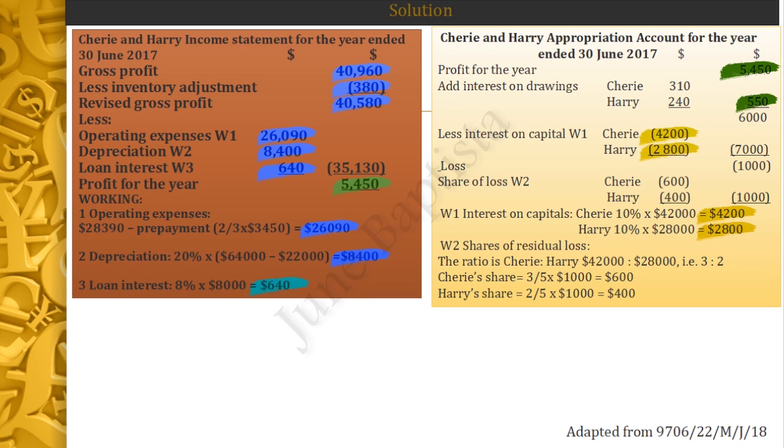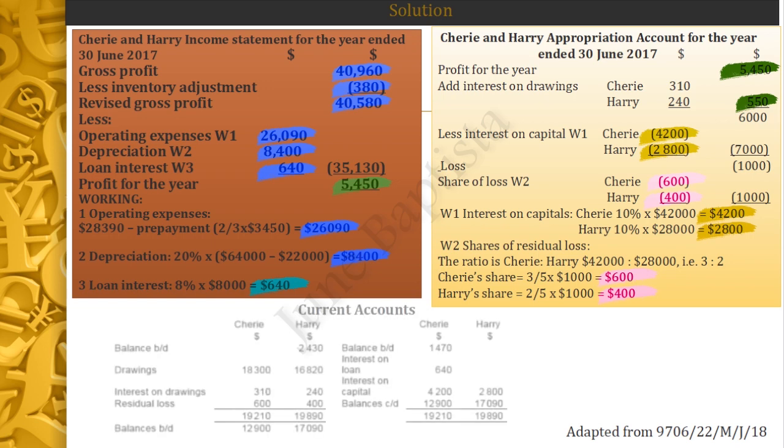The loss is shared in the ratio of the balance on the capital accounts, 42,000 Sherry, 28,000 Harry. That works out to 3:2. Therefore, Sherry's share is 3/5 of $1,000 to give us $600. Harry's share of the loss is 2/5 of $1,000 to give us $400.